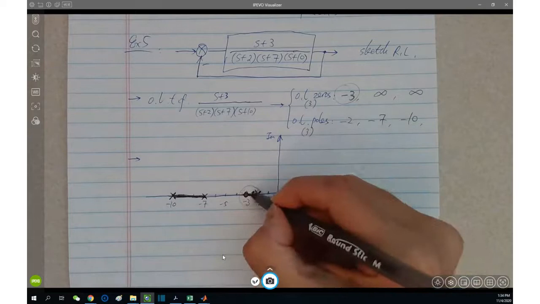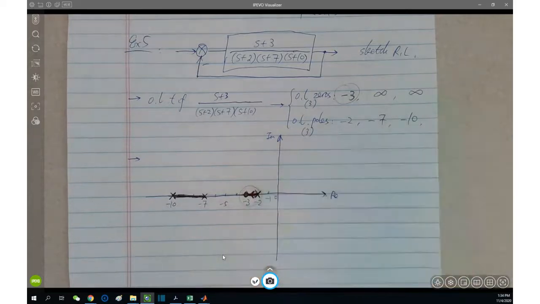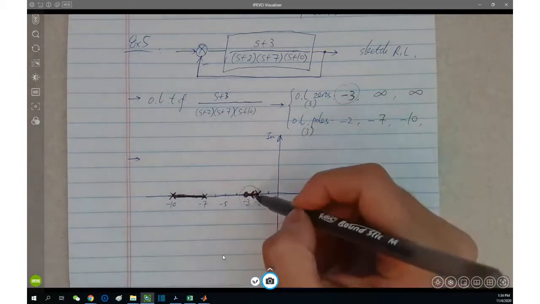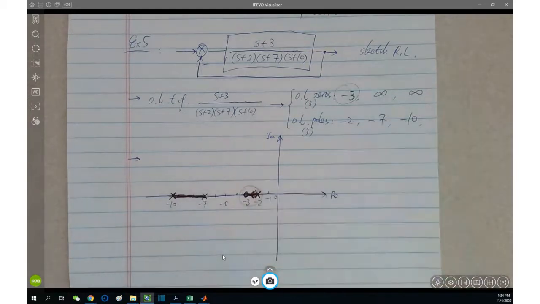The root locus has direction. So this section is fine. We don't need to worry about it because once again, we have one starting point, one ending point. It's complete. It's good.